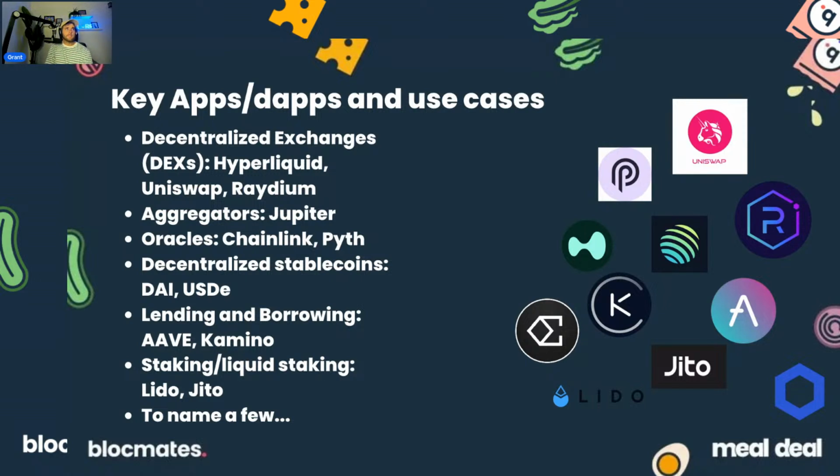So key apps, or dApps, decentralized applications, and use cases. We have decentralized exchanges, which are DEXes: Hyperliquid, Uniswap, Raydium. Then we have DEX aggregators, which is Jupiter, which we went through last week, on why Jupiter can offer the best price. And then you have decentralized oracles, where they bring the off-chain data on-chain.